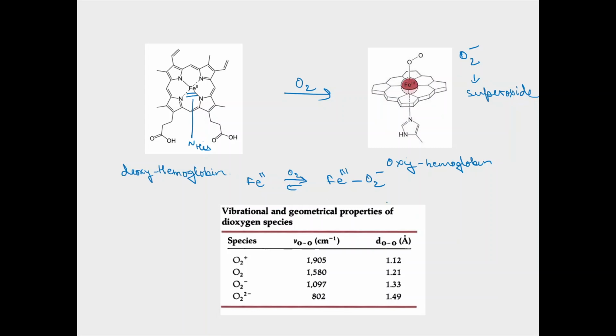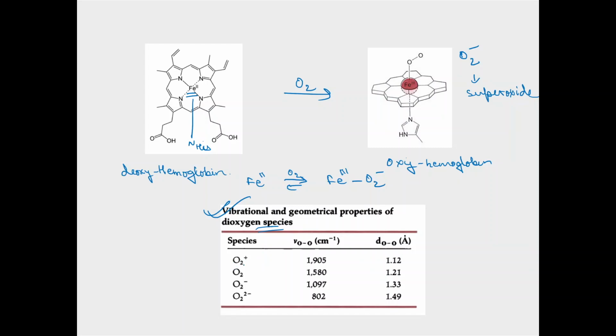So this is Fe3 with O2 minus, and O2 minus is superoxide. This is the table of vibrational and geometrical properties of dioxygen species. For the different O2 species, the stretching frequencies are given.